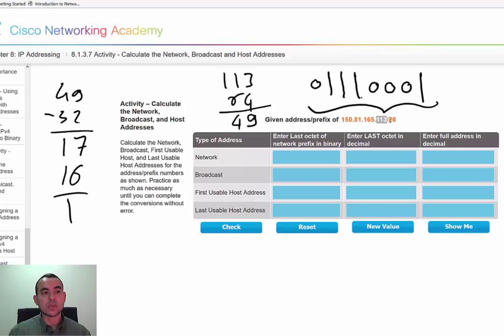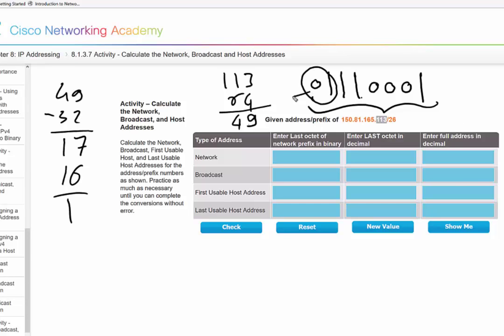Now with the /26, we need to be careful that the first 2 bits here are part of the network part, and those 6 bits are part of the host. So we need to enter the last octet in binary, 01000000.